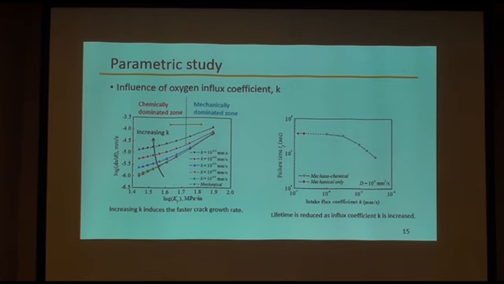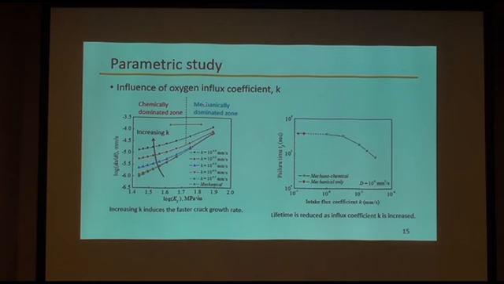Next is the average crack growth rate versus the stress intensity factor at the crack tip. As you can see, in the initial region, the average crack growth rate is quite different with K. So it means that in this region, the chemical degradation serves as a dominant effect on the surface fracture energy degradation.